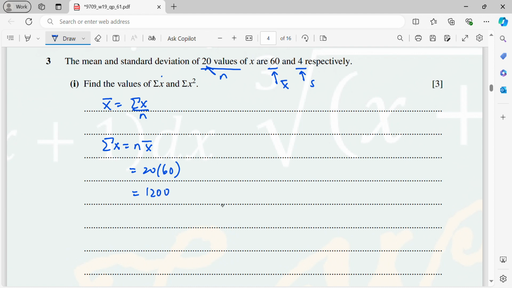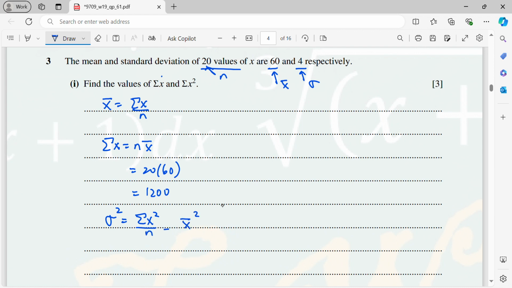Now, for the standard deviation, I will write sigma, because s is for sample. Sigma squared is basically summation x squared over n minus mean squared. This is the formula.